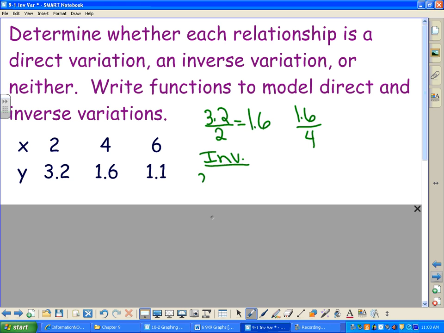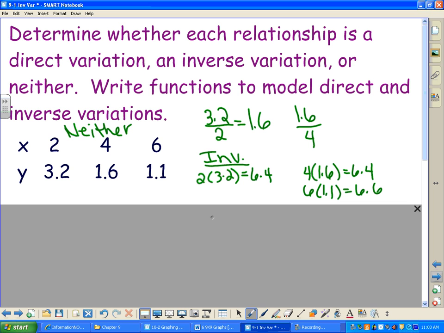Okay, 2 times 3.6 equals 4. What about 4 times 1.6? 6.4. What about 6 times 1.1? Yeah. So it doesn't work, so this is neither. This is neither direct nor inverse. You see how I'm doing that? Okay? All right, you check this one.